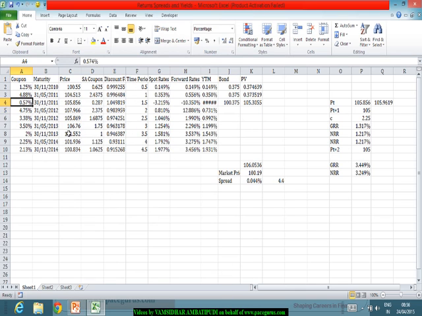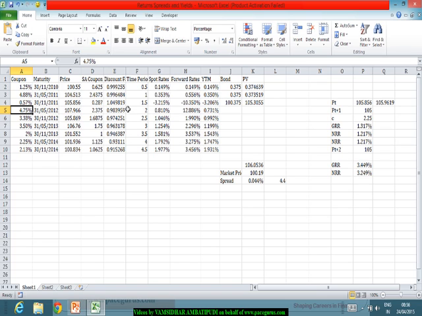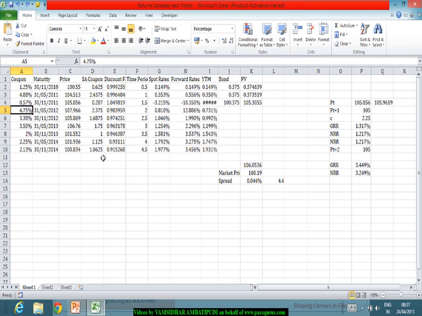Yeah. Now let me put again 0.574% if I am saying the coupon. But the price of it cannot be 105, so we'll have to adjust the computation.